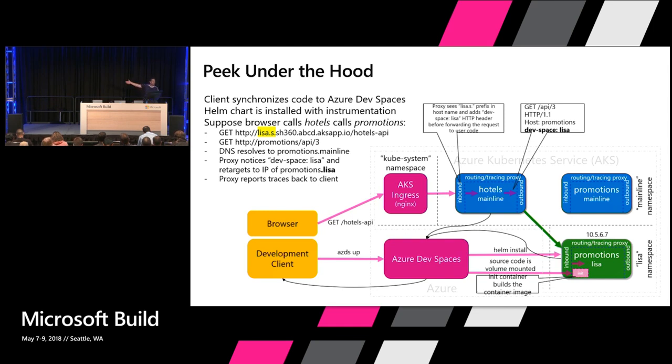Now it's making calls out to other services. The requirement, if you want this kind of routing working, is that whatever headers came in on the incoming request, you add those same headers on any outgoing requests that you make. I'm not sure if that answers your question. If not, we can take that up offline after.